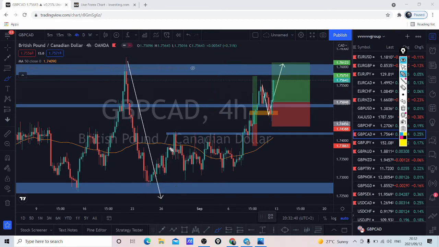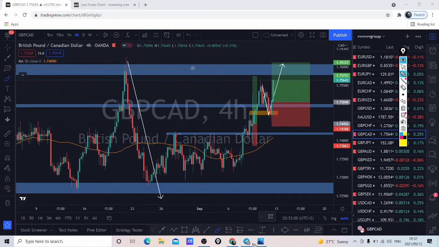Then this thing goes down and hits your stop loss. You come back again, you enter here, and this thing makes a consolidation for the whole week. Can you hold the trade in a loss? No, you can't. You're going to end up closing it.